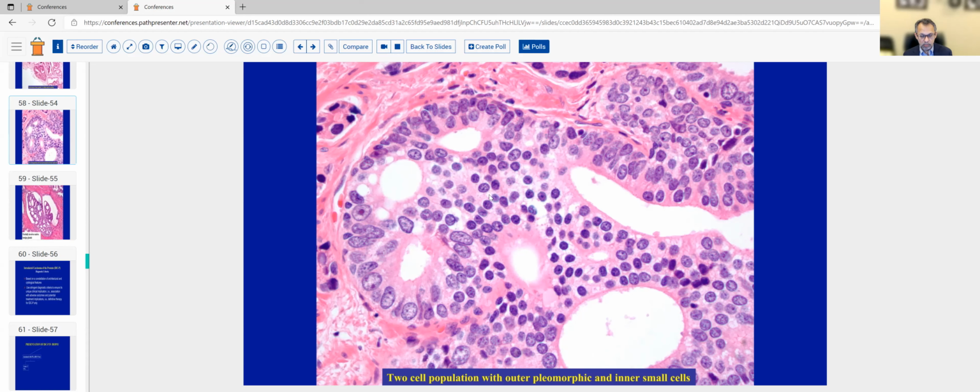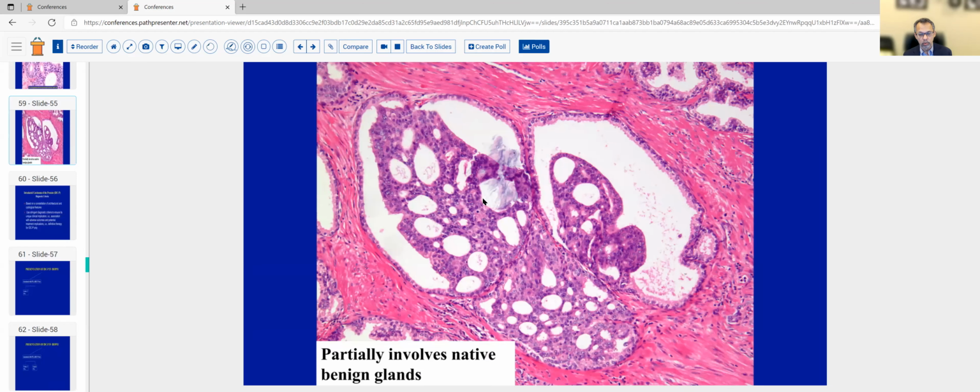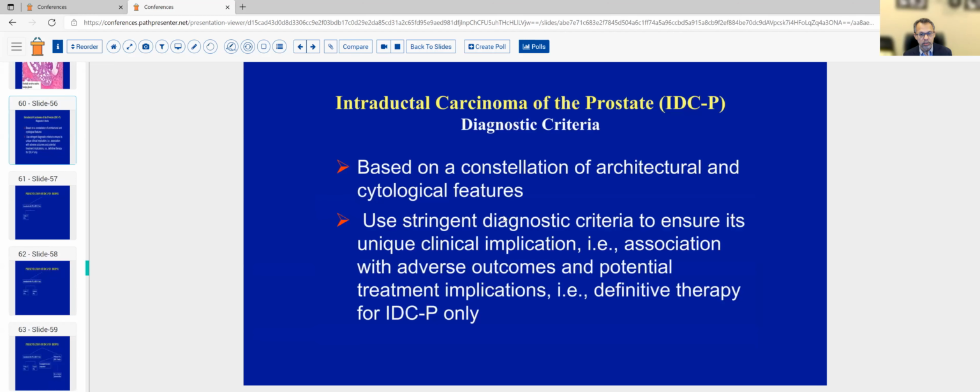This is again very, very helpful. In general, when you see cytonuclear pleomorphism, think more about intraductal related processes compared to invasive prostate cancer. Partial gland involvement is also a very helpful feature. And again, when you see this particular feature, think about intraductal processes.